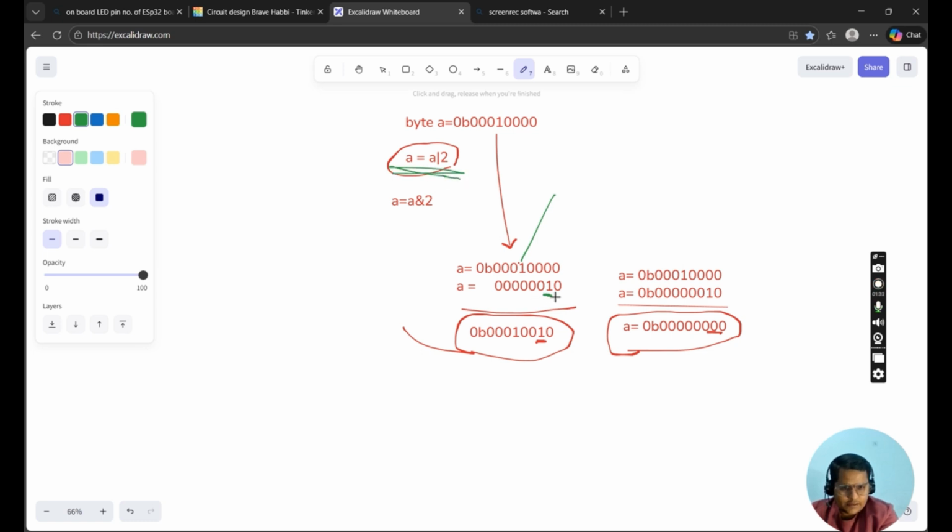So when we did the bitwise OR operation, the second bit changed and this bit is as it is, right? There is no problem with this bit. That one value is as it is, but this bit became 1 because I was trying to turn on the second bit.